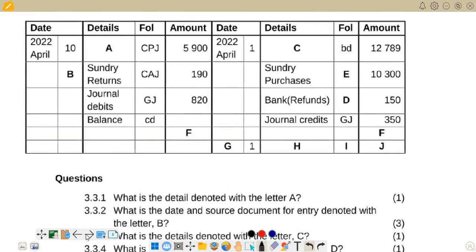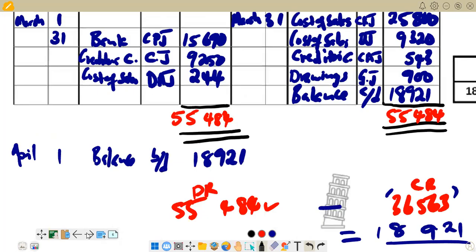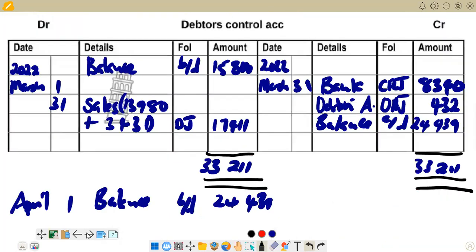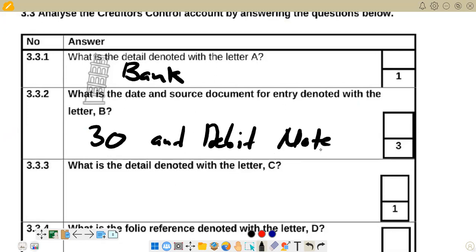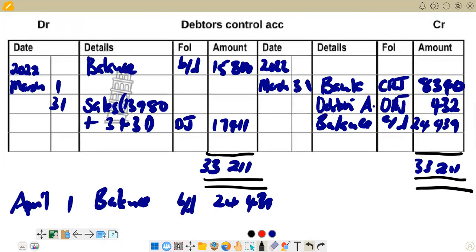So debit note is the answer that we have there. It is our source document. Then we go back again to see on 3.3.3.